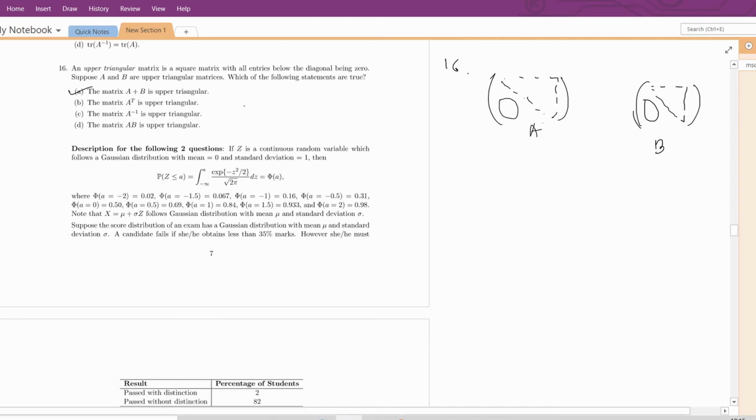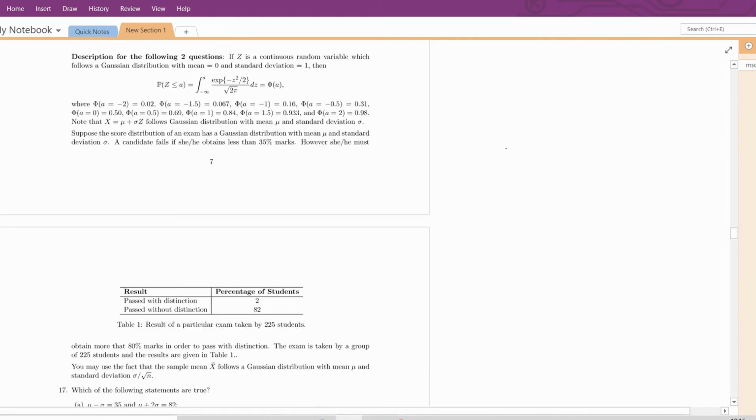This is false, because if we take the transpose of this matrix, then the zero part will go upwards, and the parts with other numbers will come here. So option B is false. The matrix A inverse is upper triangular. This is also true. And the matrix AB is upper triangular. This is also true. If we multiply these two matrices, we will get an upper triangular matrix. So our correct options are A, C and D.